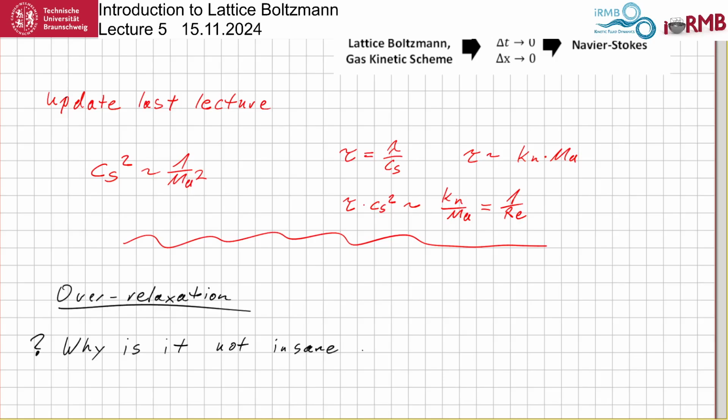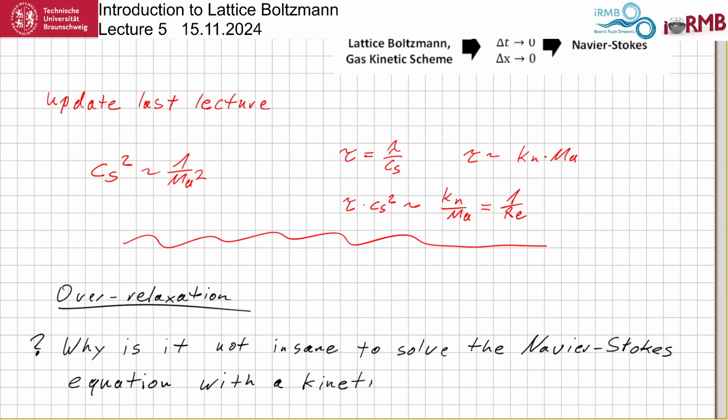Why is it not insane to solve the Navier-Stokes equation with a kinetic model, because this is what we actually want to do? Maybe kinetic models are cool, I don't know, we just like to do it.